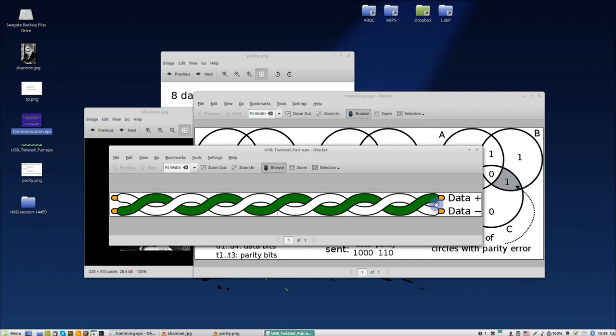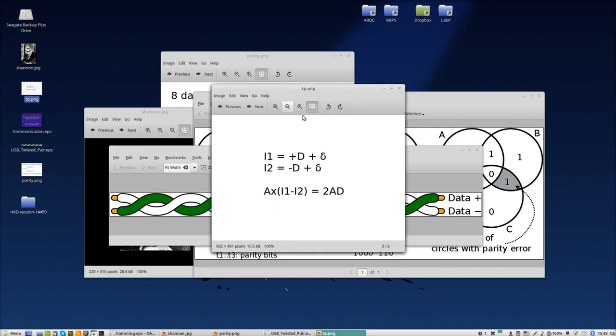So what happens is, in one wire we send the signal with a plus sign, and in the other wire we send the exact same signal but with a negative sign. I will show it to you here.